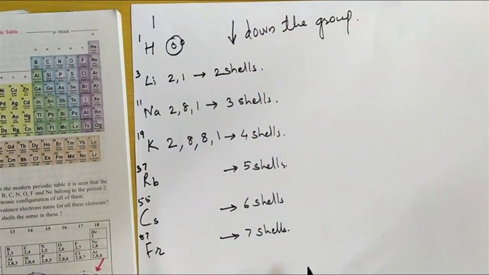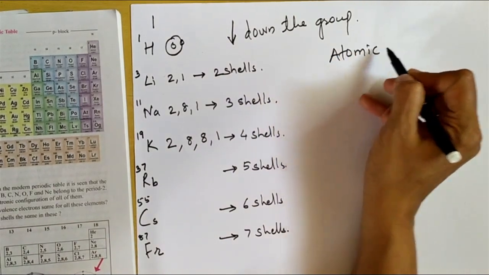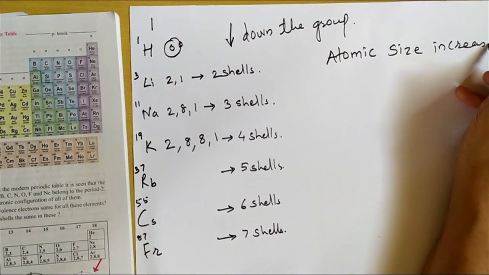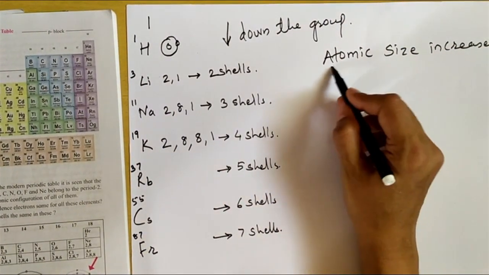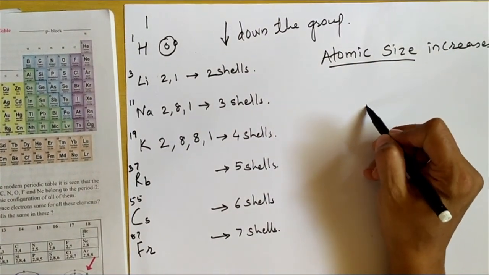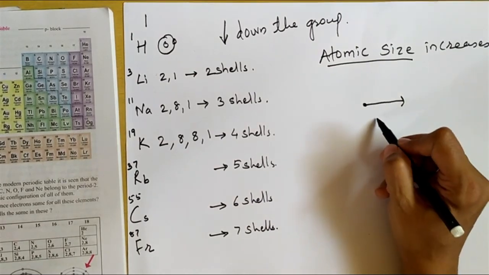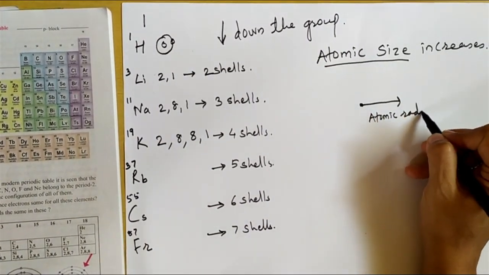Correct? So due to that, the atomic size goes on increasing. Okay? Because what is atomic size? It is the distance between the nucleus to the outermost shell. That is atomic radius.